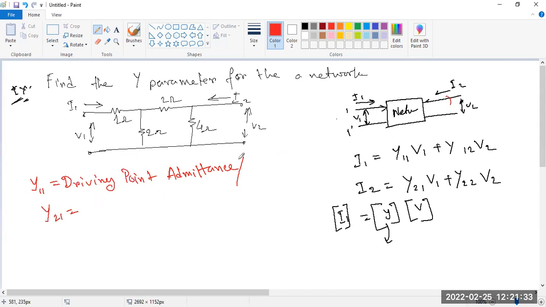So it is also called the short circuit input admittance.